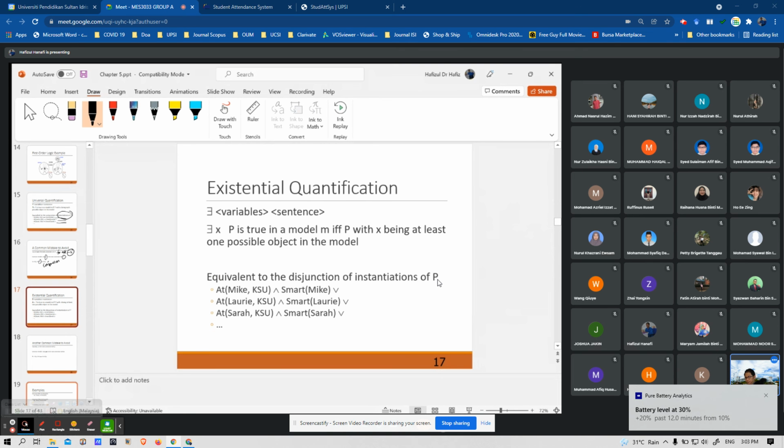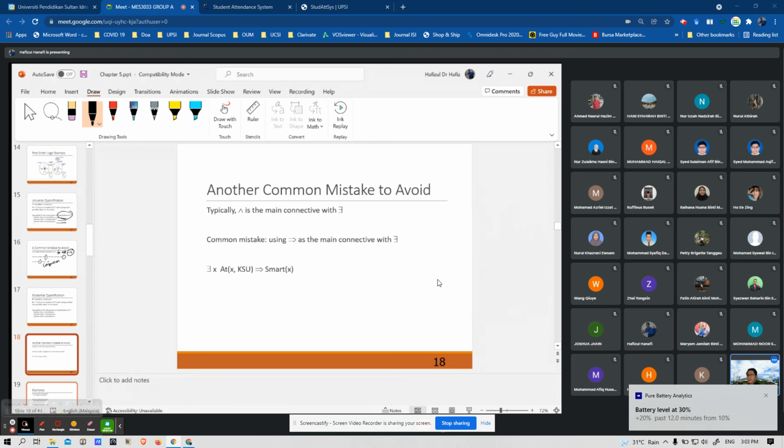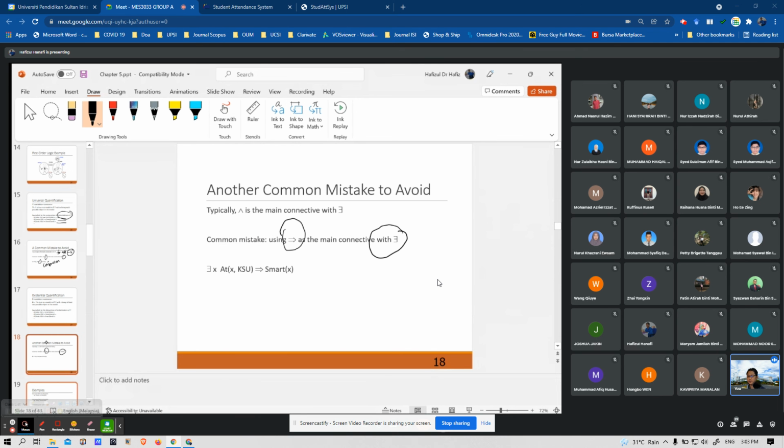Typically, some of you use the implication symbol as the main connective with there exists, or for some. This is an error, so try to avoid it.